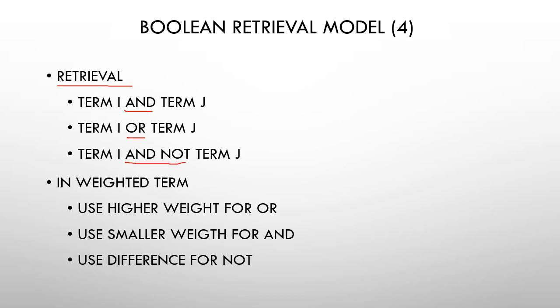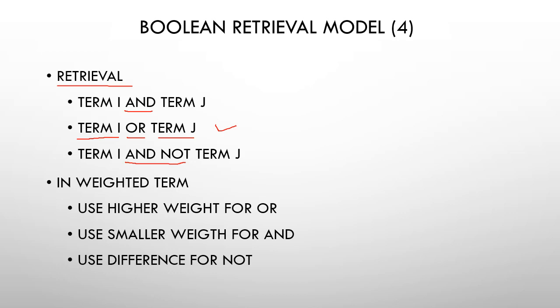The second query, term I OR term J, means that we want any document which consists of term I or term J. So any document consisting of term I only would be retrieved, and also any document consisting of term J only would be retrieved.